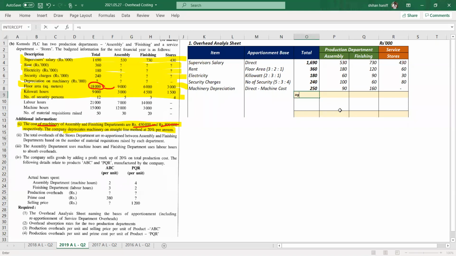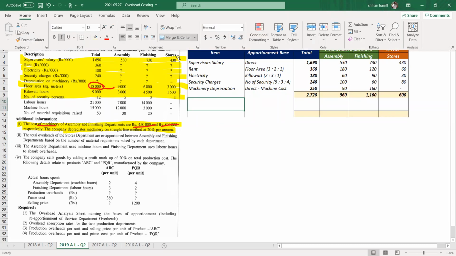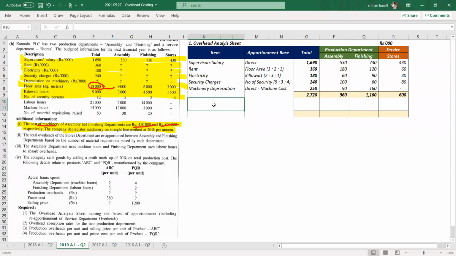Let's take the total. 2720, 960, 1160 and 600. So that's the total. Then we need to reapportion.